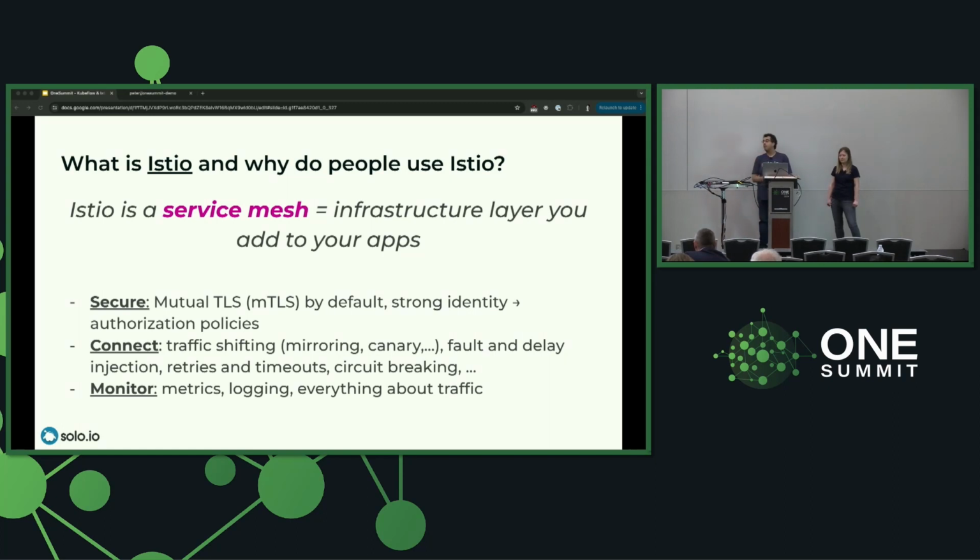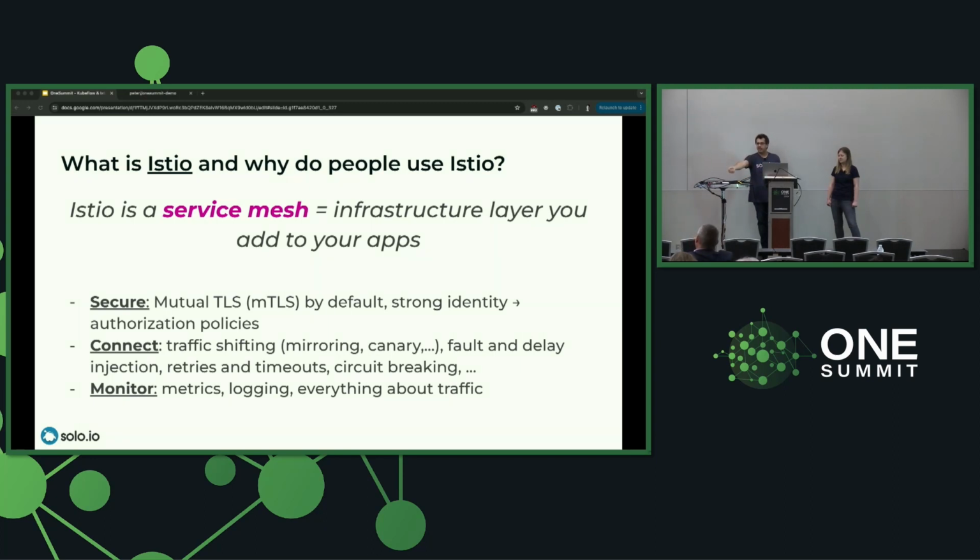So why do people use Istio? Primarily for three things: to secure, connect, and monitor their applications. For securing, mutual TLS is on by default. Compared to one-way TLS, if you go to solo.io and you see that golden padlock, that means it's one-way TLS. Mutual TLS is two-way TLS.